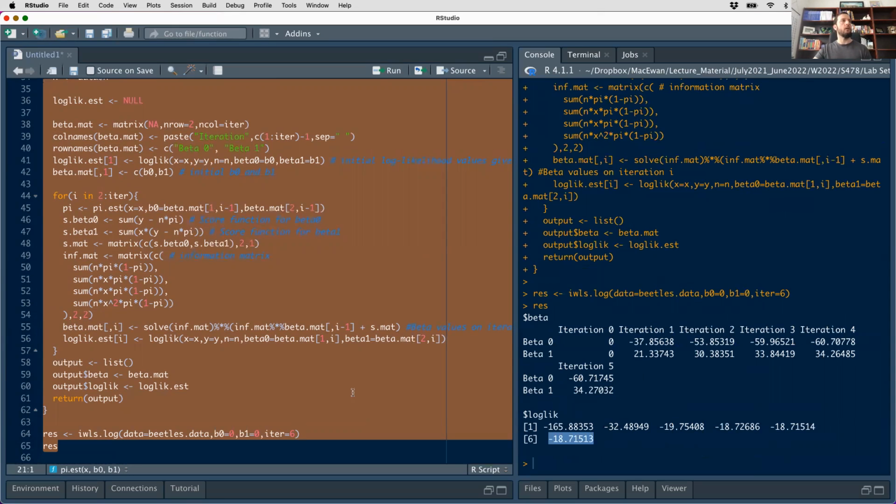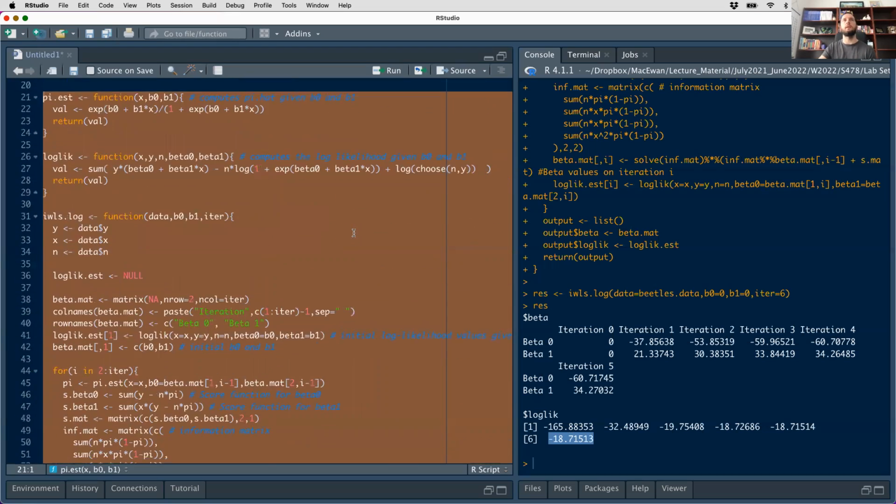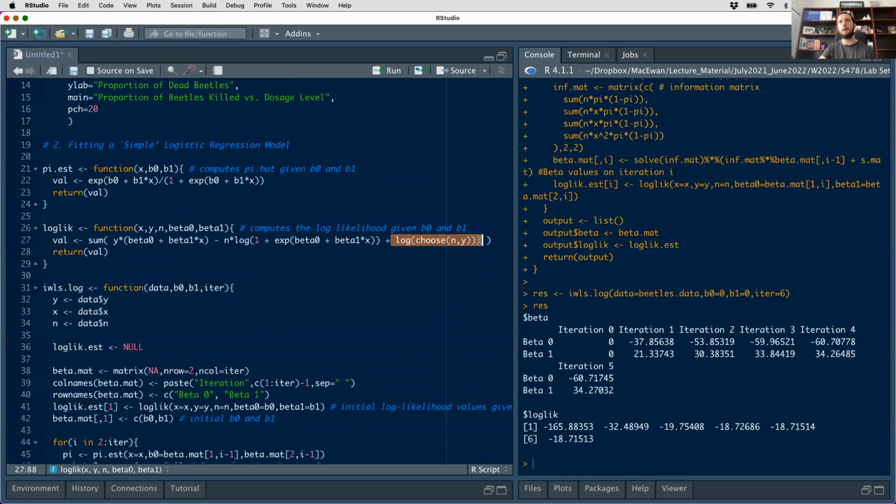I talked about how there's a discrepancy between what is reported in R and what is reported in the lecture set. In the lecture set, our log likelihood value is something like negative 186.7-ish in this range. This discrepancy is due to the combination term that is given here.